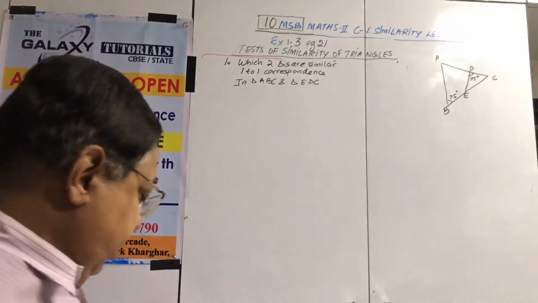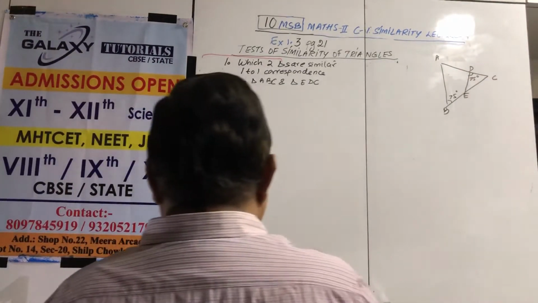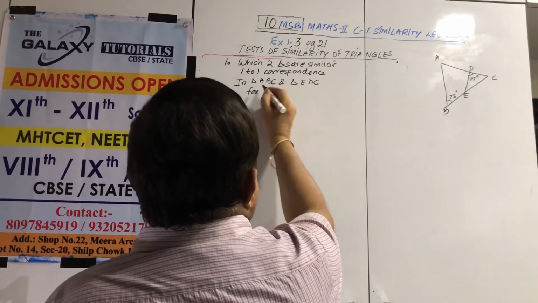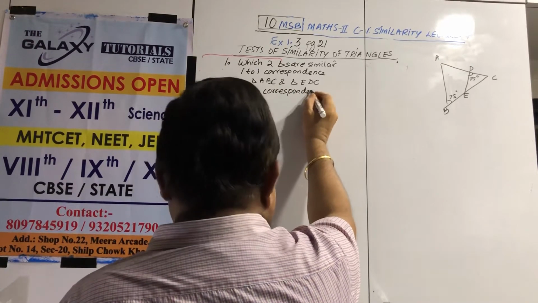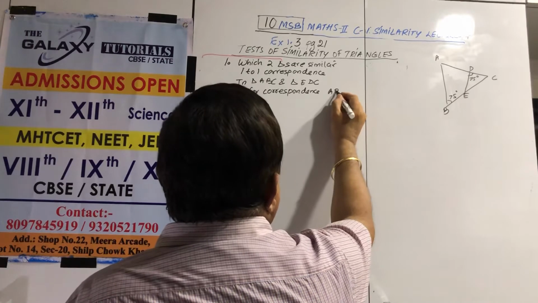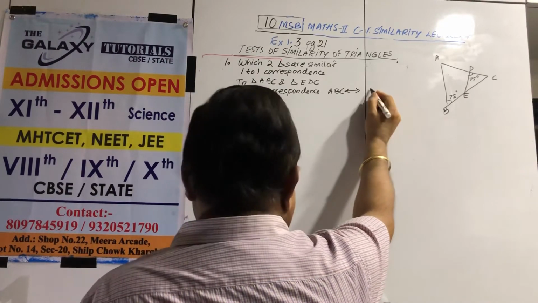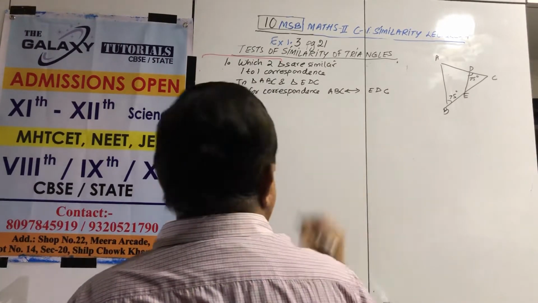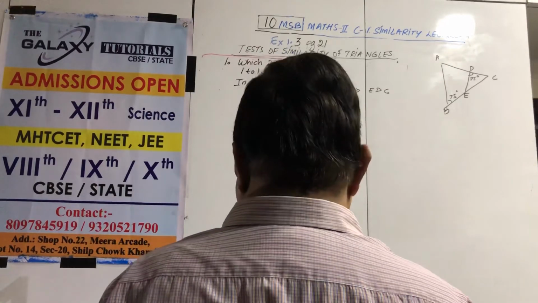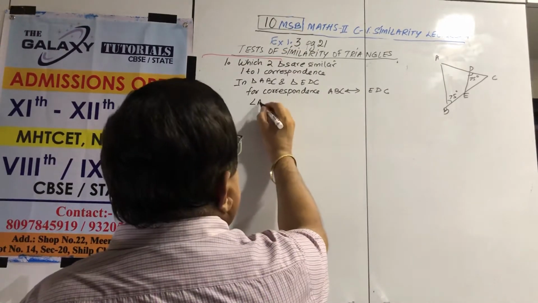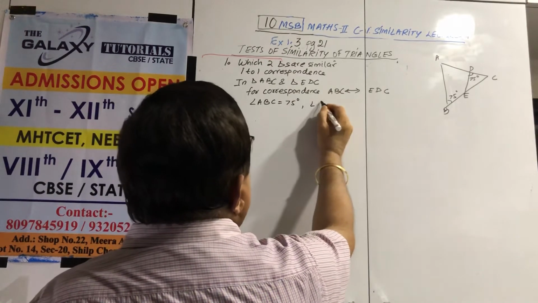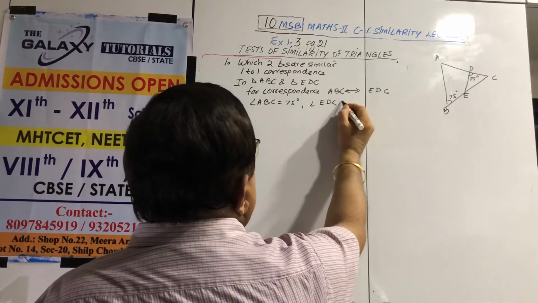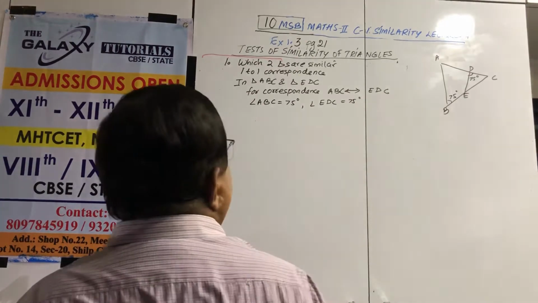For the correspondence, ABC corresponds to EDC. I will need angle ABC is 75 degrees and angle EDC is 75 degrees.